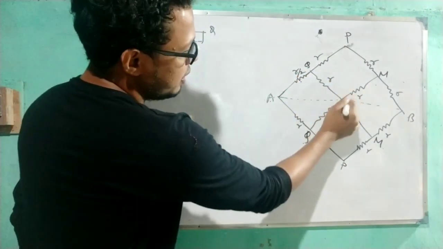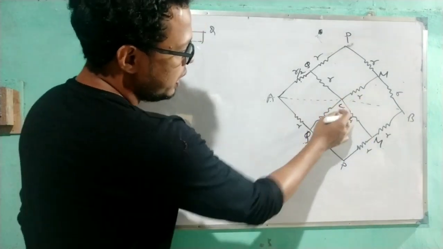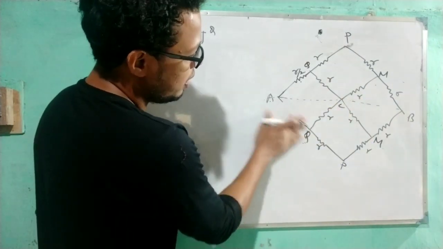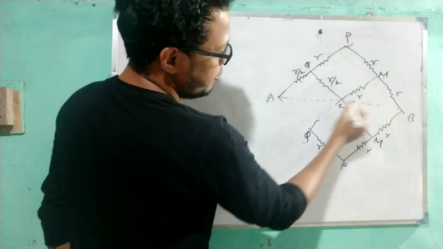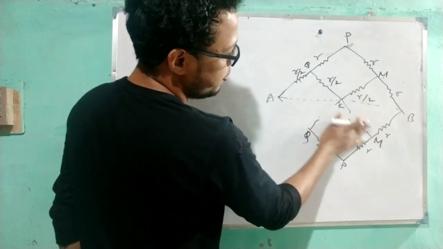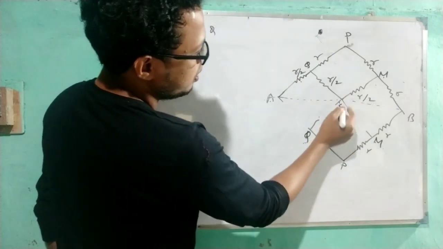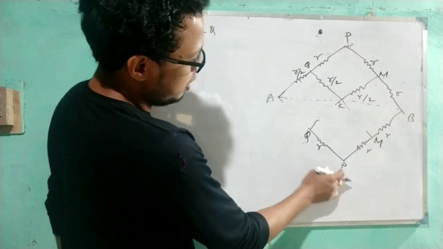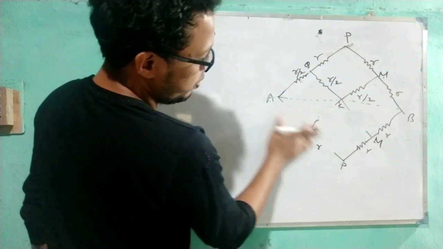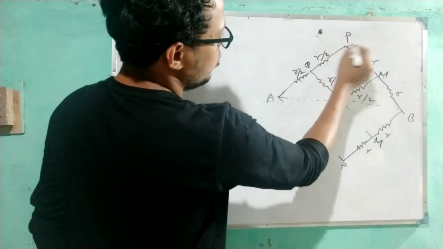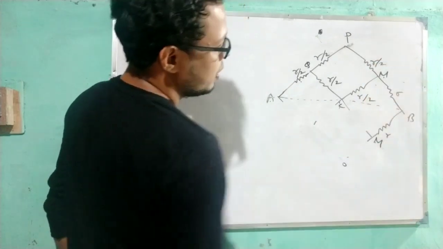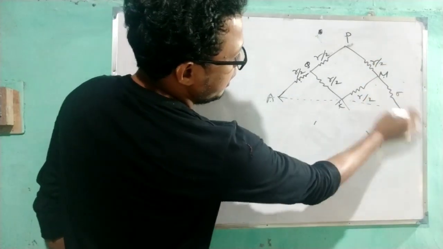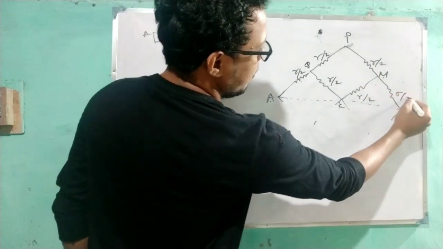And here, suppose this is C, CQ and CQ are parallel. This is also R by 2. Again CM, CM, this is R by 2. QP, QP, R by 2. PM, PM, this is also R by 2. And one more left, MB, MB. This is also R by 2.